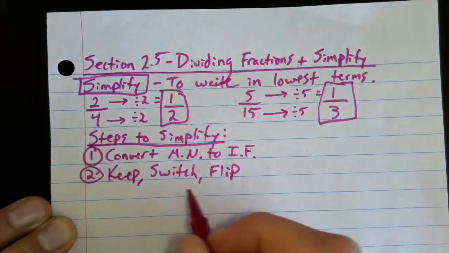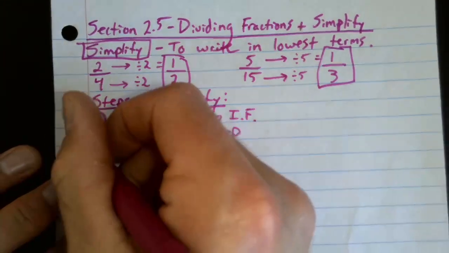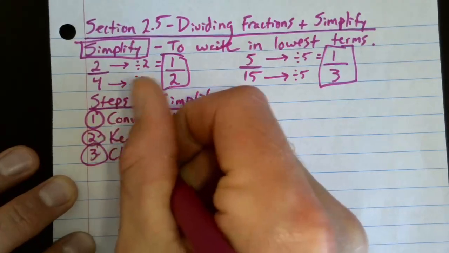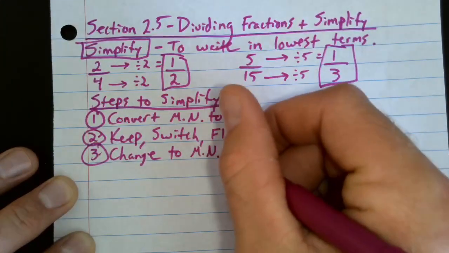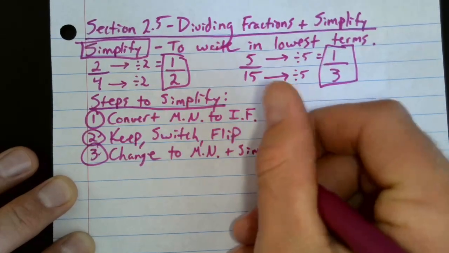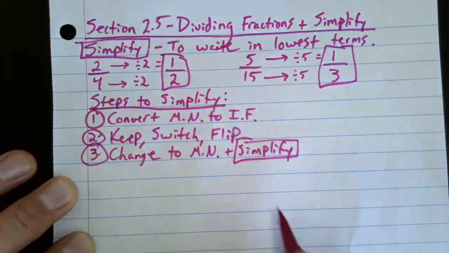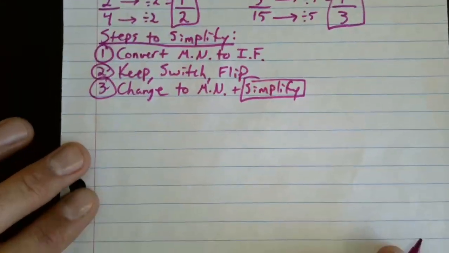Keep your first fraction, switch to multiplication, and flip your second fraction. And finally, step 3 is change to a mixed number and simplify. So you just change your answer to a mixed number and you simplify. That's it. So let's see what this looks like.